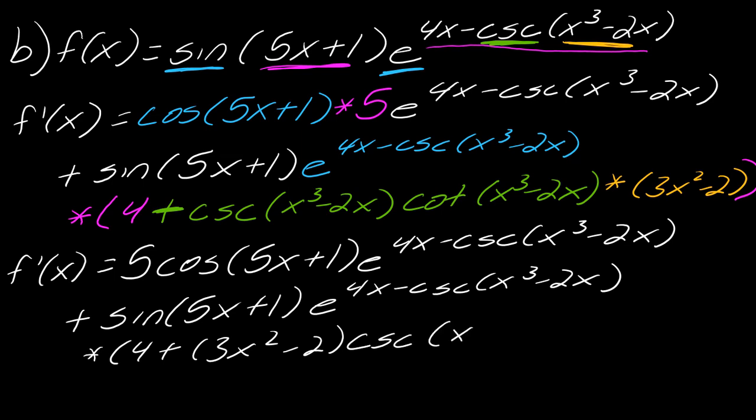And this is cosecant of x cubed minus 2x cotangent of x cubed minus 2x. And I think I got enough parentheses.